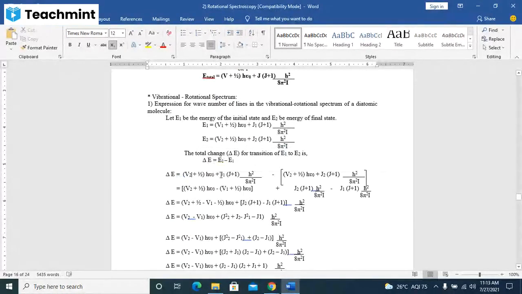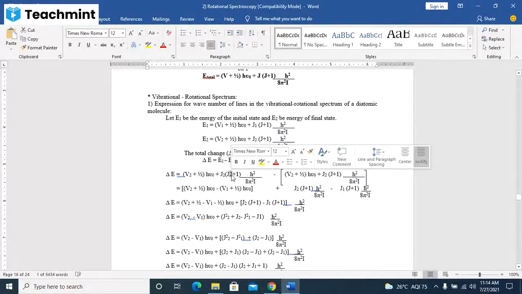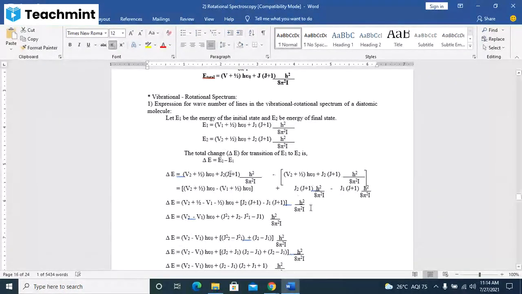This is V2, J2. See here what we can put, J2 and J1. So that J has been replaced by this particular 1 and 2 that has been left, that we will correct.